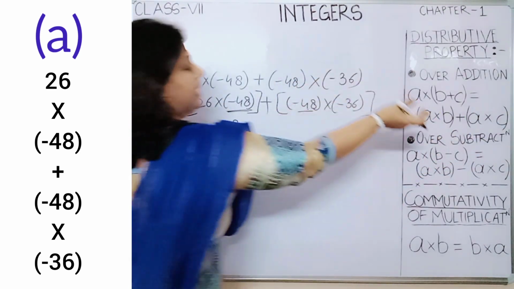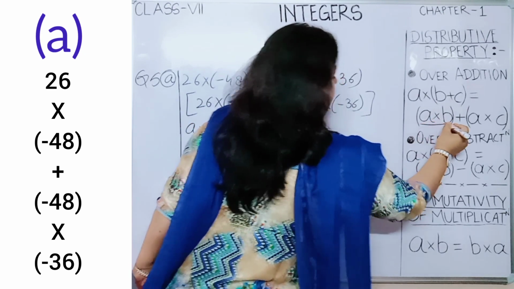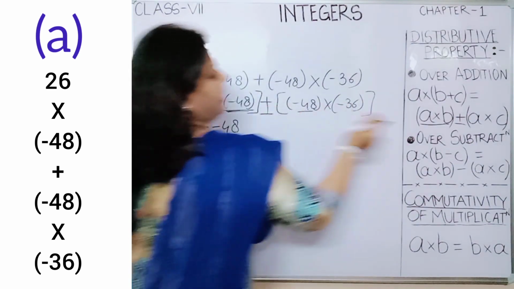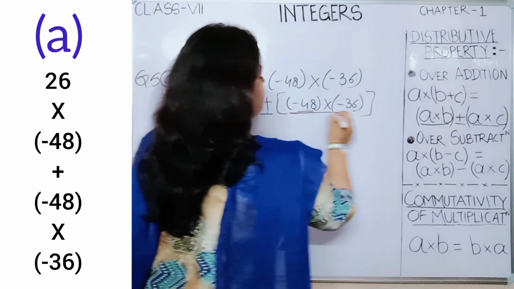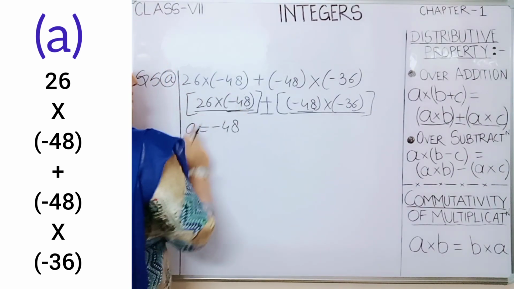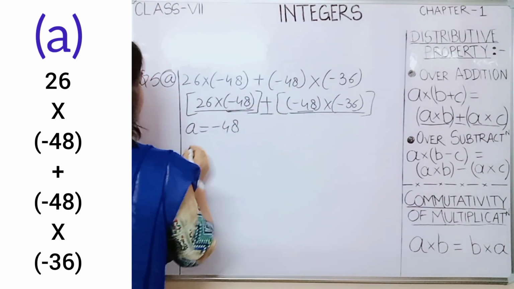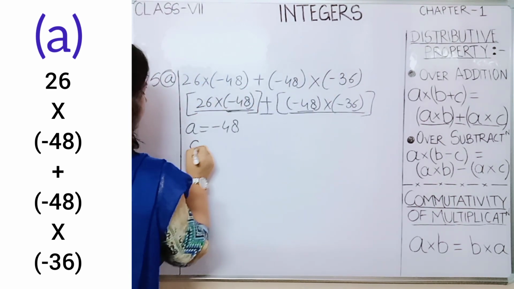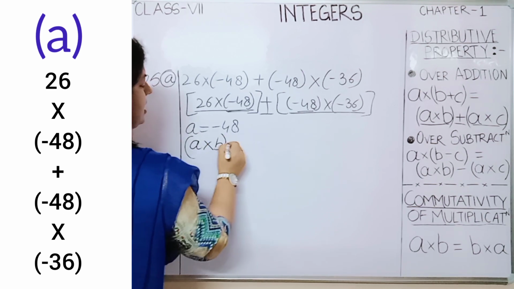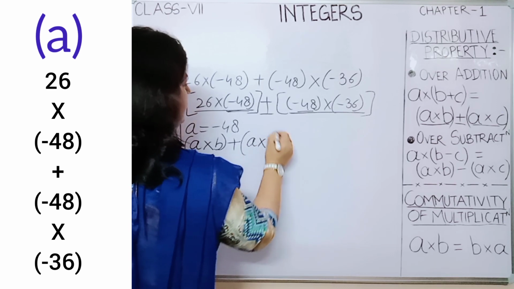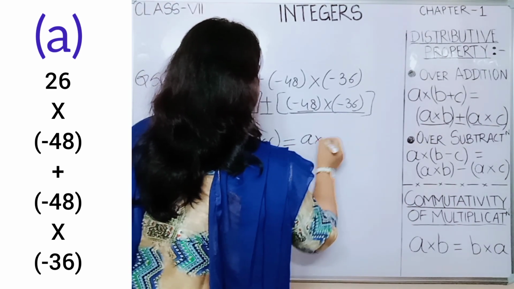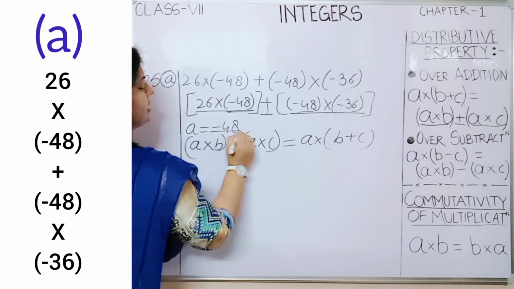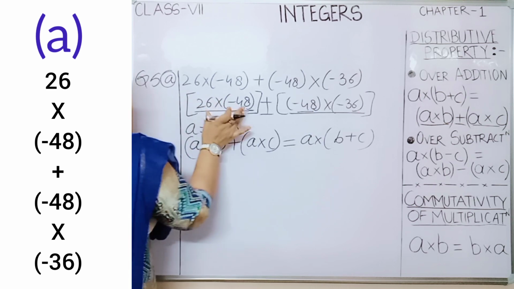Because we can relate that A into B plus A into C. It means minus 48 is A. Now using distributive property, A into B plus A into C equal to A into B plus C. As already told, minus 48 is A because it is common in both brackets.